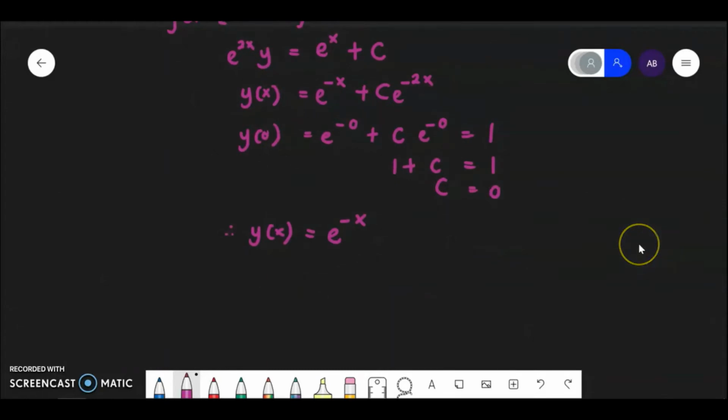Now, what we obtain is the solution at x equals 0.2. So what is y at 0.2? Exponent negative 0.2. So use your calculator and you get 0.8187. Okay, let me just get exact accuracy.